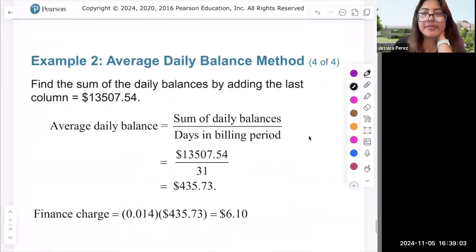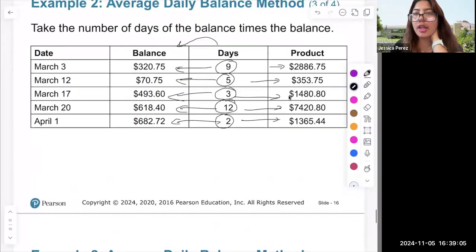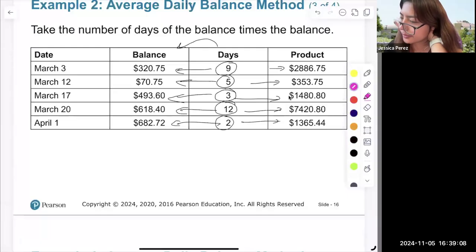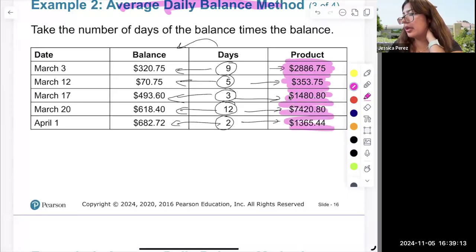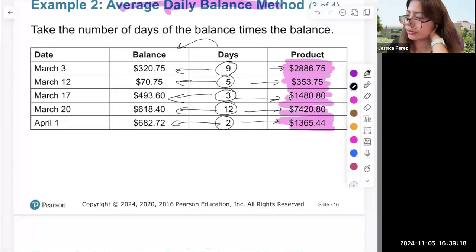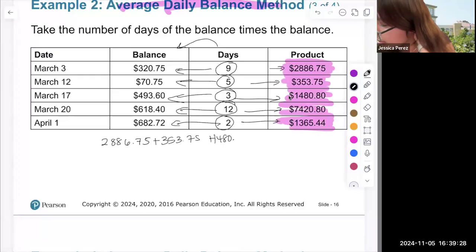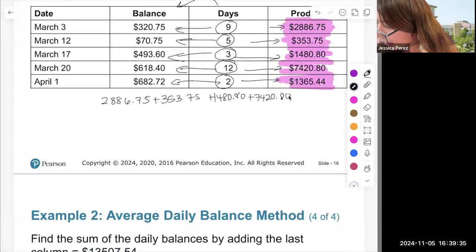To find the sum of the daily balances, we need to add the last column. Using your calculator, do 288.75 plus 353.75 plus 1480.80 plus 7420.80 plus 1365.44.